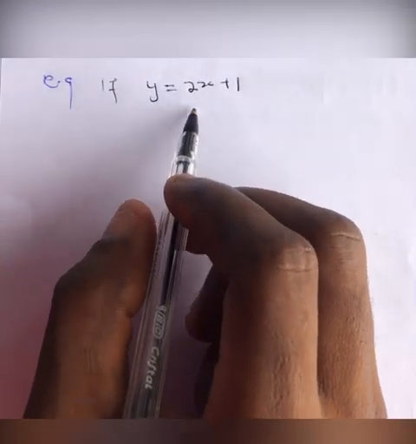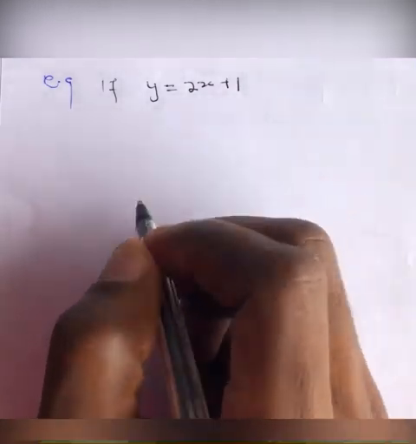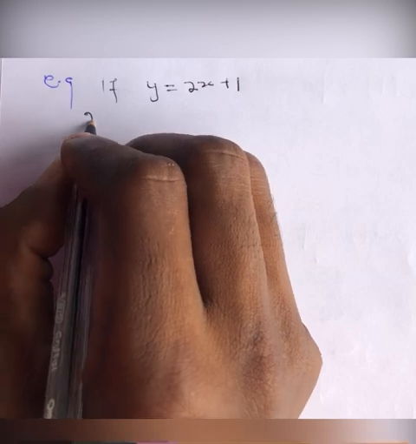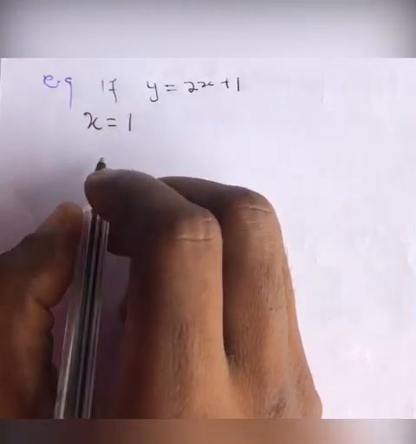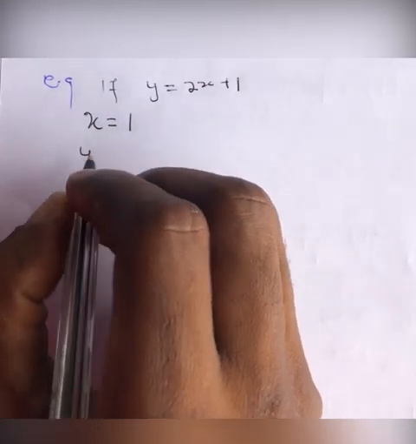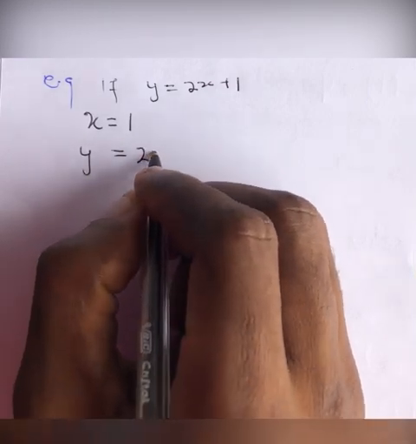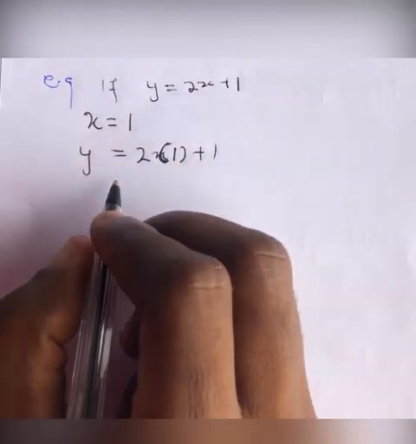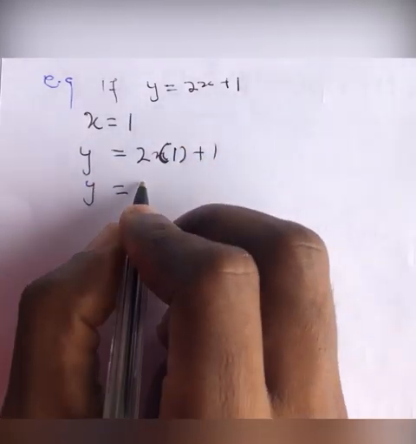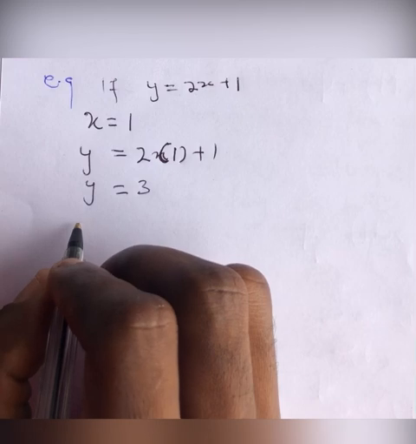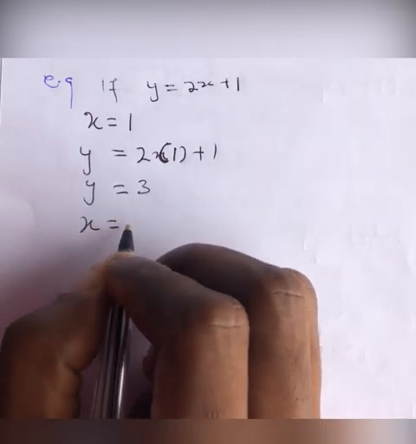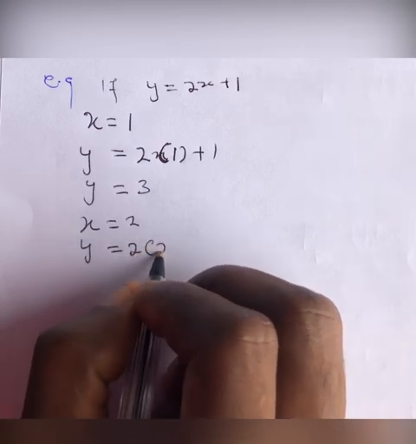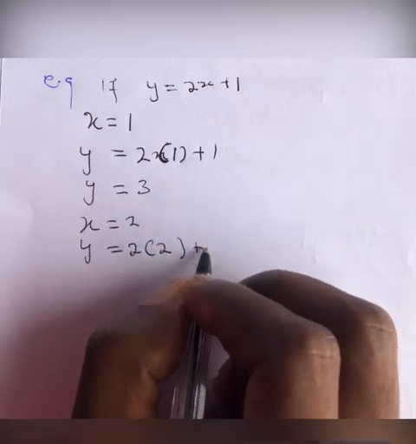Now if I have y equals 2x plus 1, if I set x to be 1, then I'll have y equals 2 into bracket 1 plus 1. So my y becomes 3. When x equals 2, then I'll have y equals 2 multiplied by 2 plus 1.